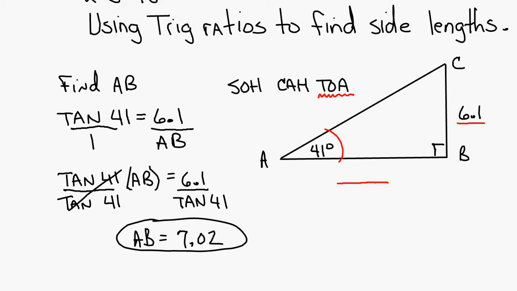It's 6.1 divided by 41 tan equals. If you're using the yellow calculator, it's 6.1 divided by tan 41 equals. If it was on a different setting, then you got to put it on the degree setting. Did everybody get 7.02?